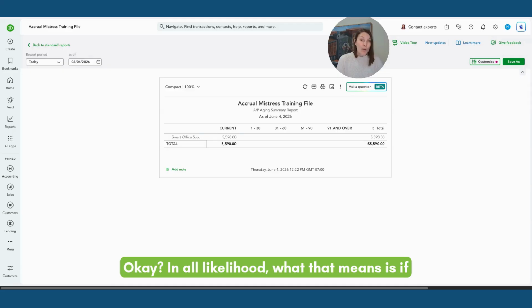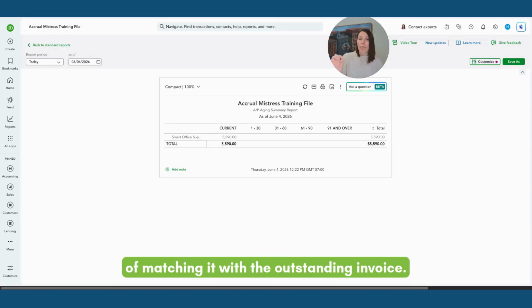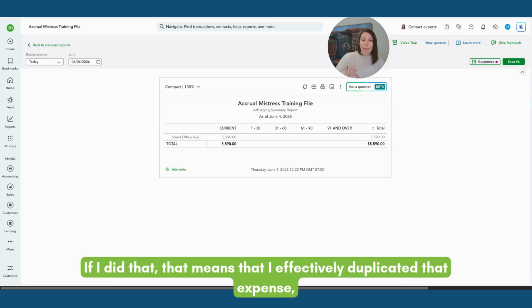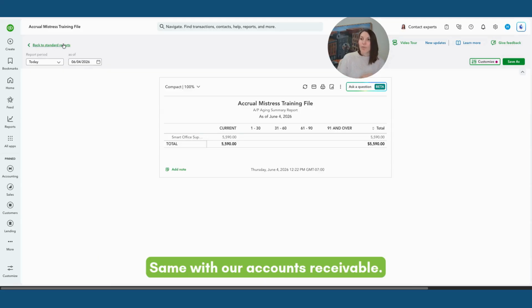In all likelihood, if I had something in the 61 to 90 and 91 and over and I knew that I had already paid the bill, what that probably means is that when the transaction came through my bank feed, I classified it as an expense instead of matching it with the outstanding bill. If I did that, that means that I effectively duplicated that expense, which is going to mess up my profit and loss report. Same with our accounts receivable.